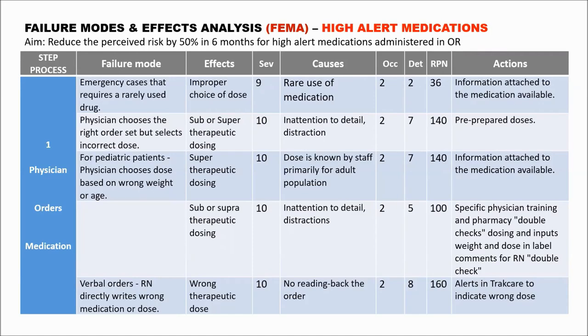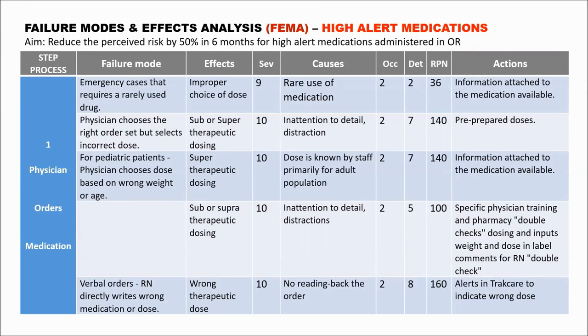the medications available. And then we have the physician chooses the right order set but selects an incorrect dose, which would affect sub or super therapeutic dosing due to inattention to detail or distraction, and the action taken is pre-prepared doses.